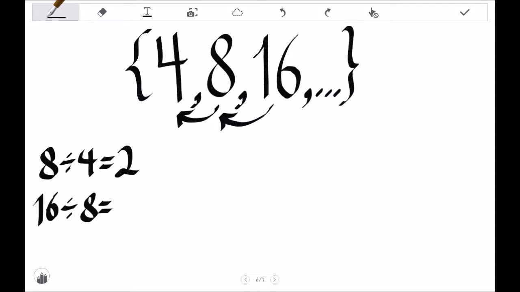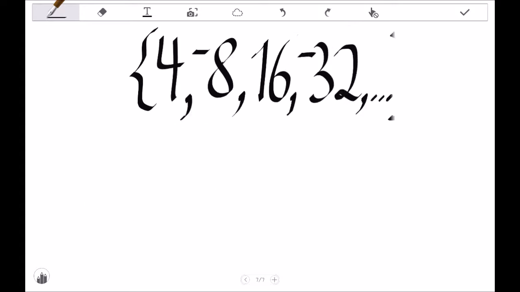This means that your sequence is indeed geometric. Now we know that 2 is our common ratio. If your sequence alternates between positive and negative numbers, this means that you are dealing with a negative r value.